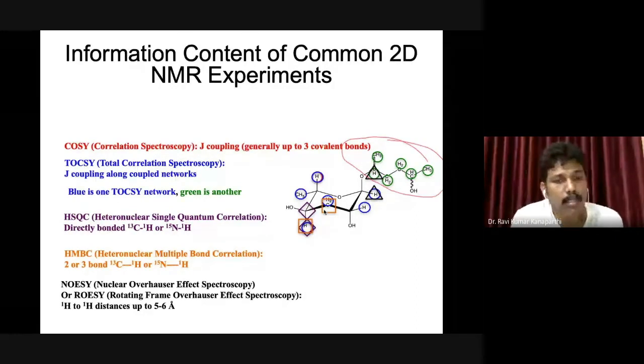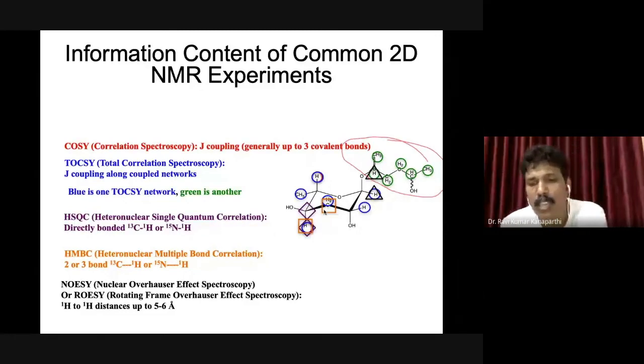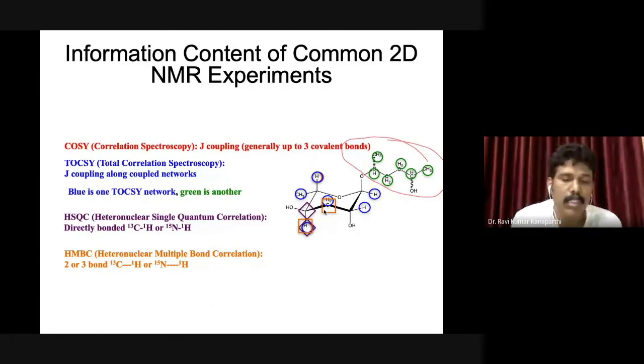Then NOESY is the nuclear Overhauser effect spectroscopy, and ROESY is the rotating frame Overhauser effect spectroscopy. I told you in the last class about the nuclear Overhauser effect. It is because of the dipole-dipole interaction, which happens through space. If two nuclei are separated within 5 angstroms through space, then dipole-dipole spin transfer takes place, as a result of which the peak intensity either increases or reduces depending upon the situation.